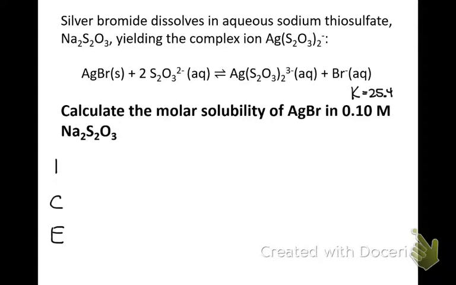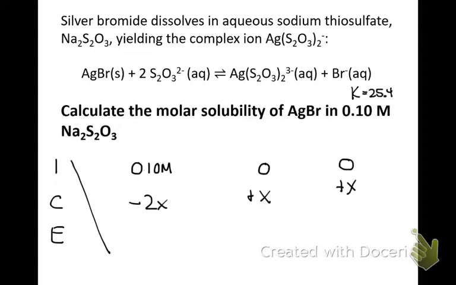The initial concentration of silver bromide solid doesn't matter, it's a solid. The initial concentration of thiosulfate is 0.1 molar, and the initial concentrations of the complex ion and bromide are both 0. Then we can set up our ICE table the way that we normally would. We know that the reaction has to proceed toward the products because we don't have any yet. So we get 0.1 minus 2x, x, and x.